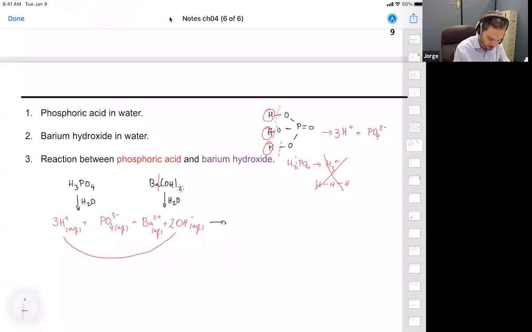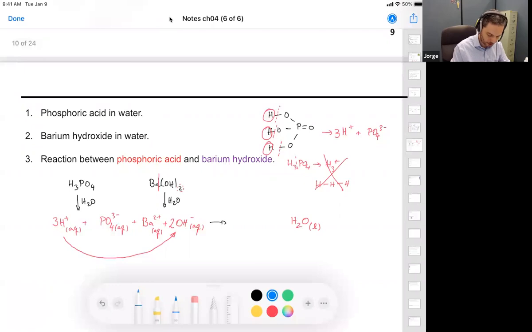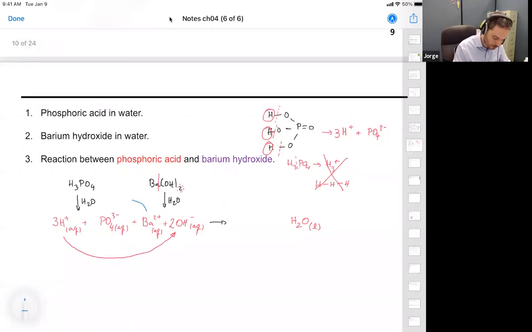Therefore, H plus is going to combine with OH minus. That's going to produce water in the liquid state. And then the other possible combination is barium 2 plus with phosphate. Again, 2 options here.